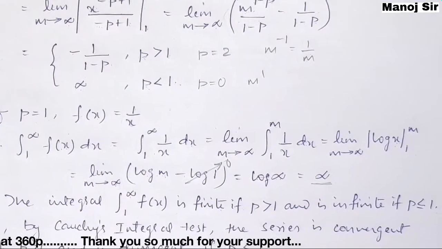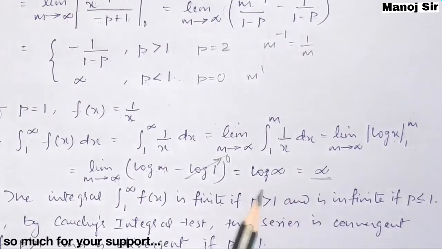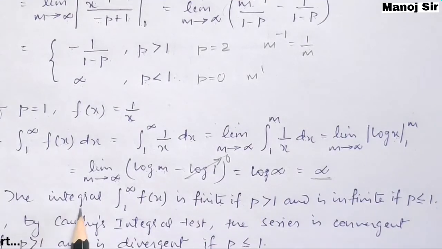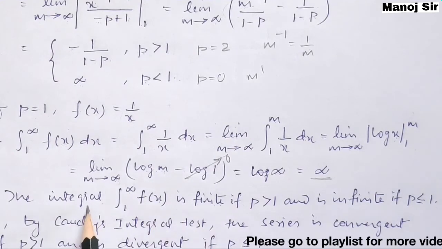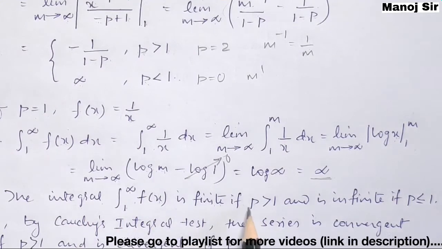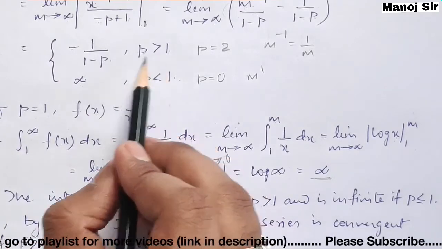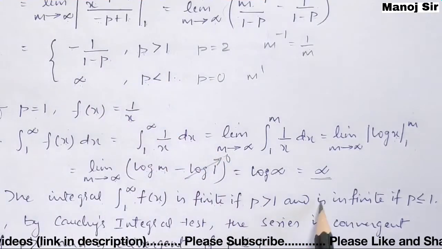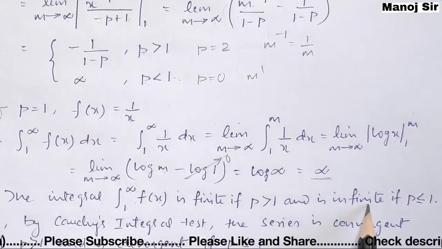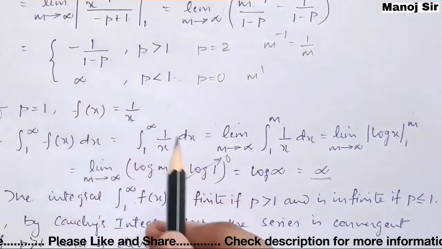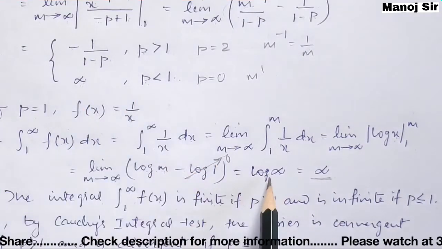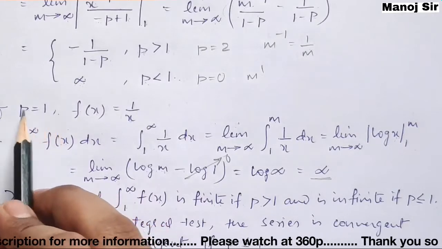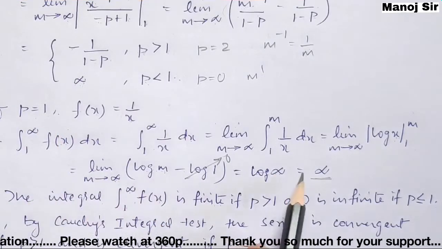So finally we can say, a very important line: the integral, that is integration 1 to infinity f of x, is finite if p is more than 1. When p is more than 1, the integration is finite, and the integral is infinite when p is less than 1 and when p equals 1, because in both cases you are getting integration as infinity.